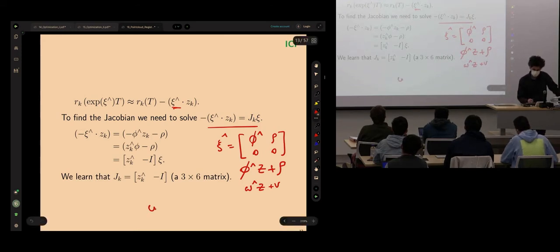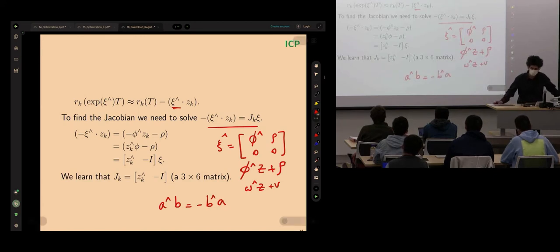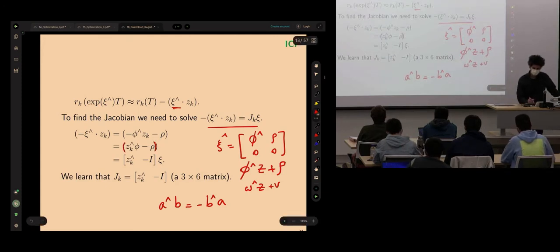Well, you know that A skew B is negative of B skew A, right? So the negative sign will disappear here. The translation remains. And we have the Jacobian. So it's just a rearranging.